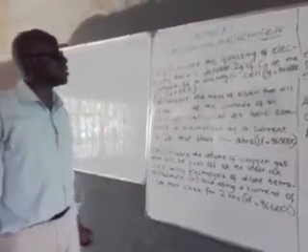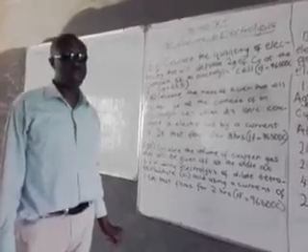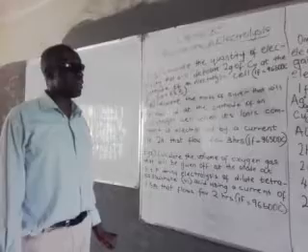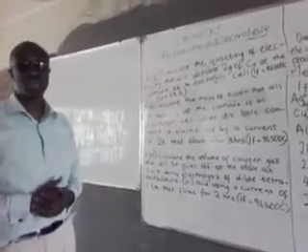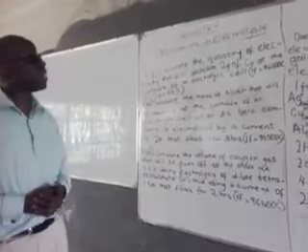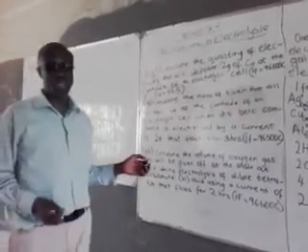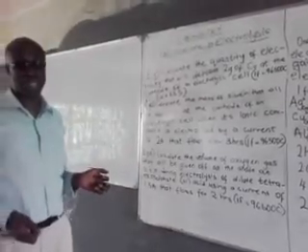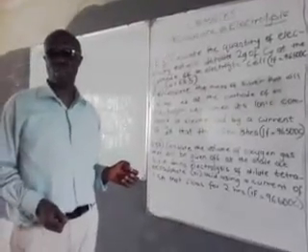Having seen how we can know the number of Faradays required in an electrolytic process, we are now going to go into how to calculate the mass of the element that is discharged during electrolysis. The first example is example 1.